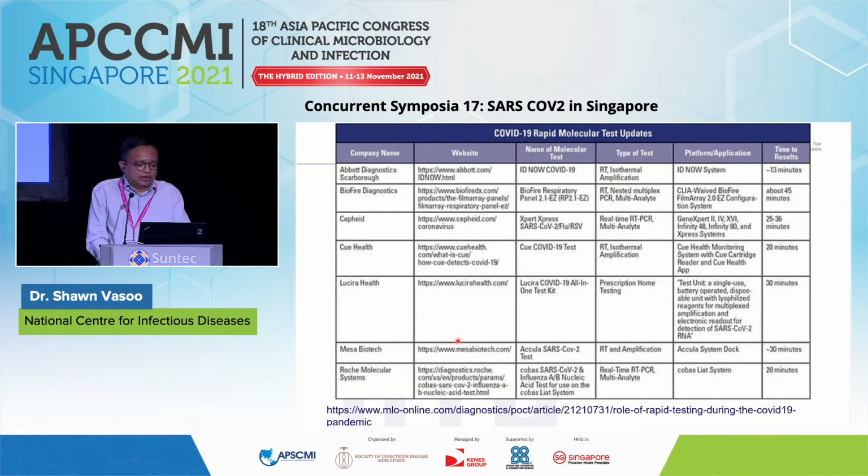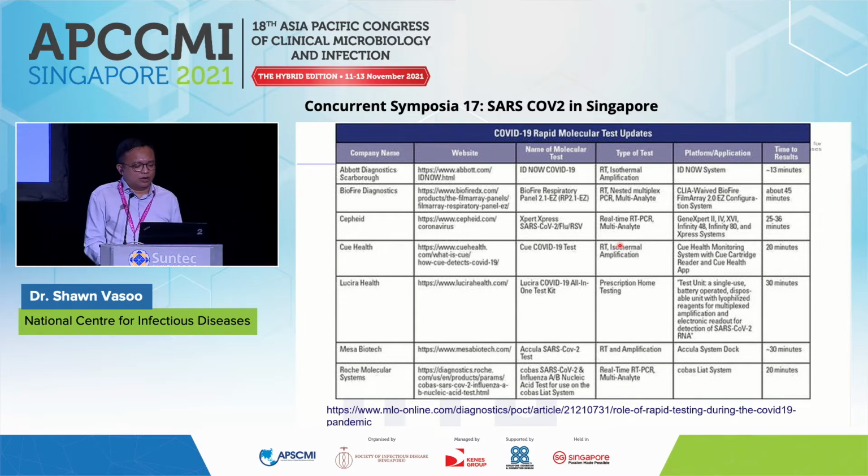And here we can see that there are multiple tests. Some of them, the chemistry is a bit different. Some use LAMP, some use PCR, and most of them deliver a result between 13 to 30 minutes here. I think if you look carefully, it's important that while the test results come out quick, there are indeed, even on this slide, tests with varying sensitivities.